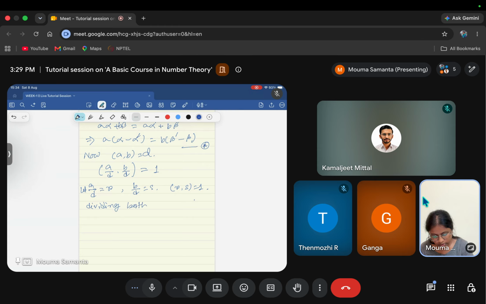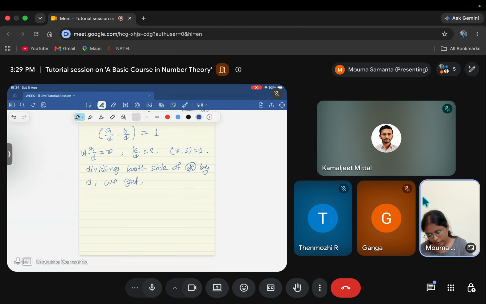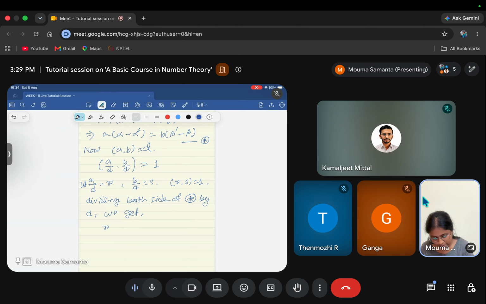Both sides of star by D, what we get? We get that R times alpha minus alpha prime equals to S times beta minus beta prime.